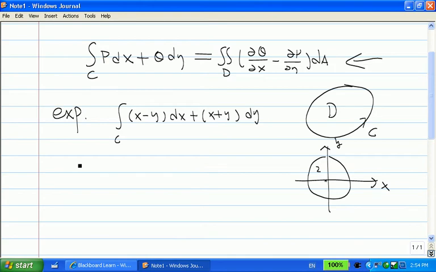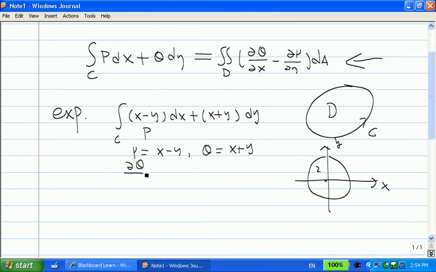Okay, now let's first use Green's theorem. For this integral, P is the coefficient of dx, which is x minus y. Your Q is the coefficient of dy, which is x plus y.